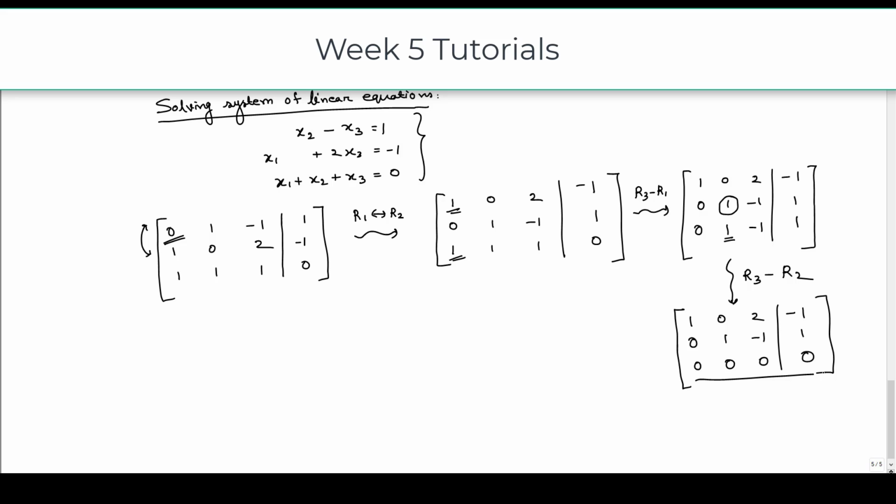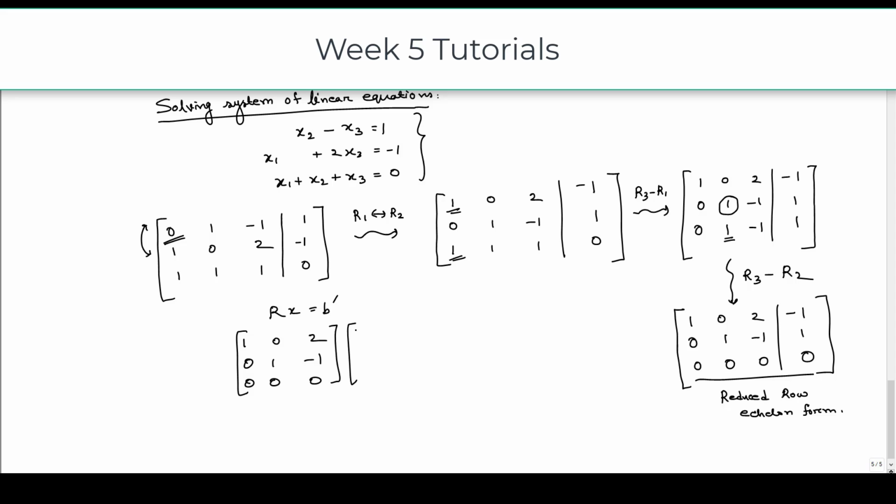So this is our reduced row echelon form. From this one we can write Rx equal to B prime, where R is 1, 0, 2, 0, 1, minus 1, 0, 0, 0.